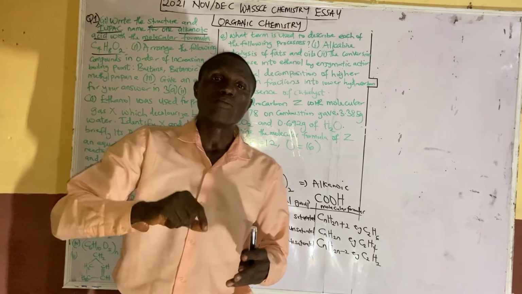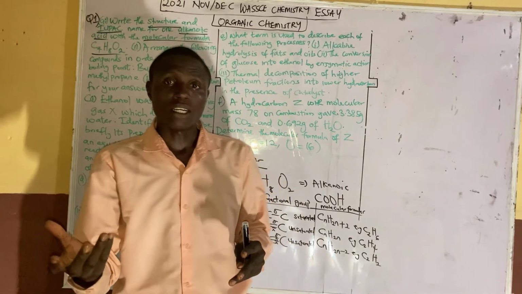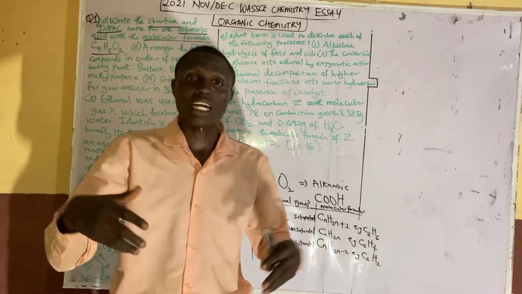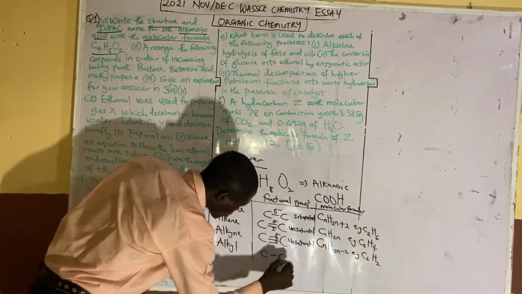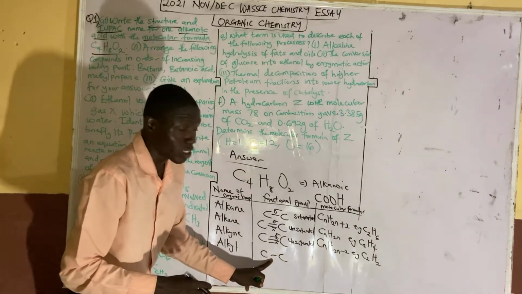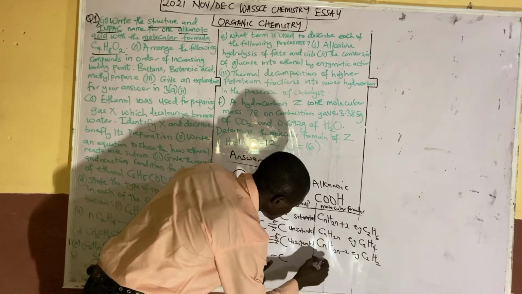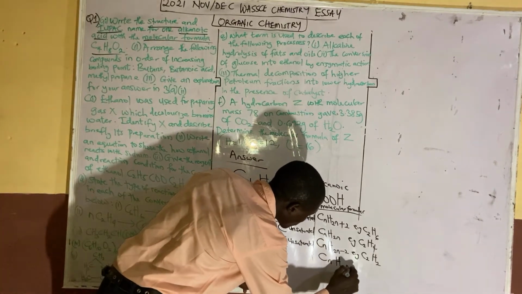So an alkyl group is a group that comes from the alkane family in which one of its hydrogens has been lost. It also contains only single bonds, and the general formula is CnH2n+1.